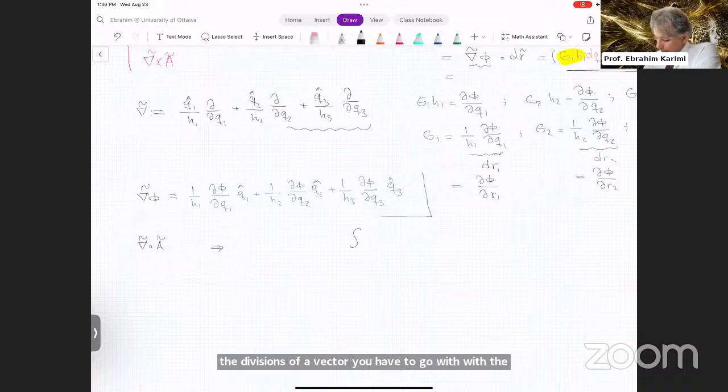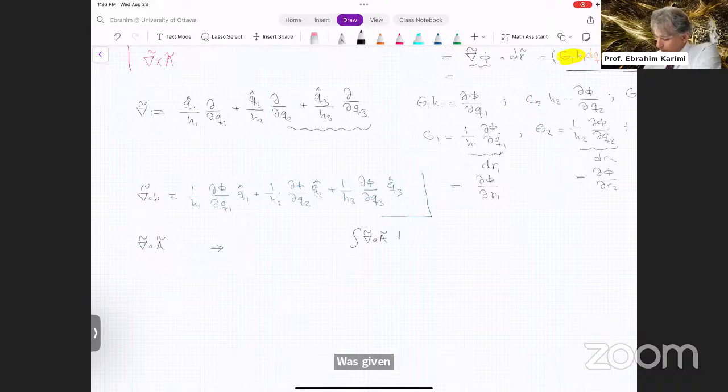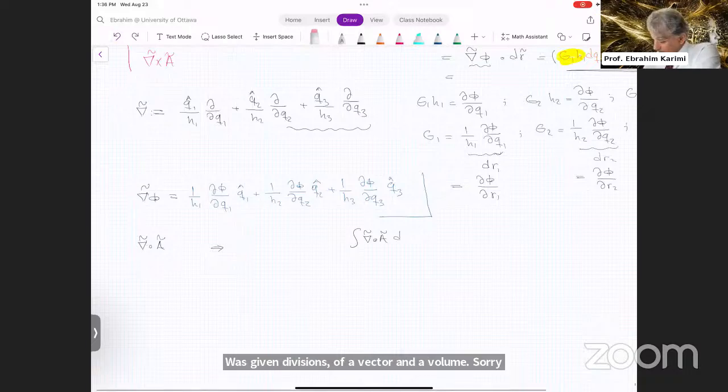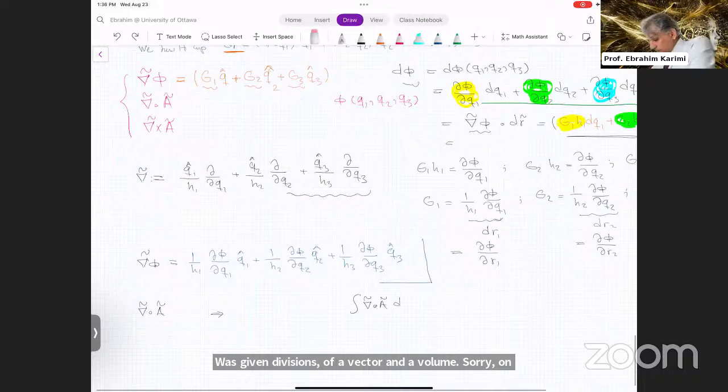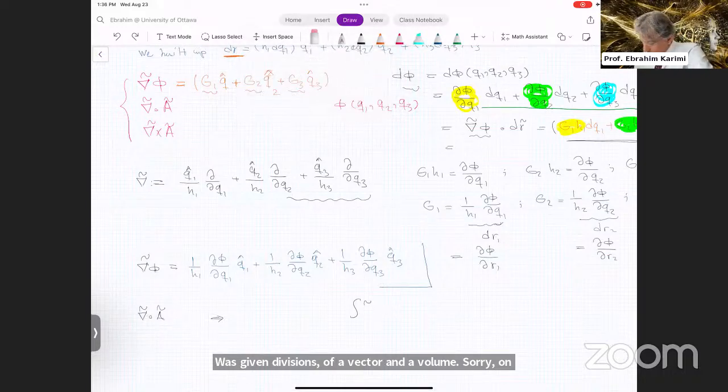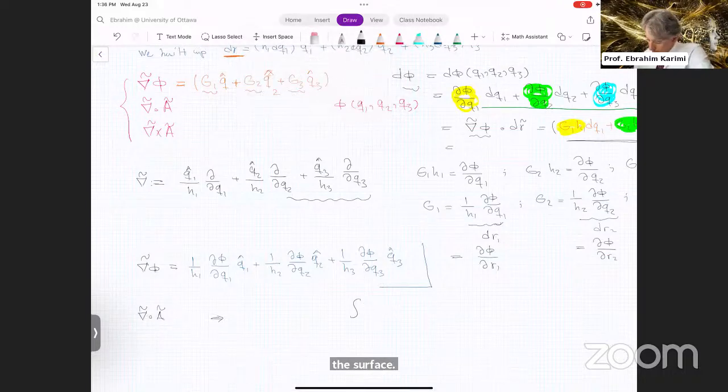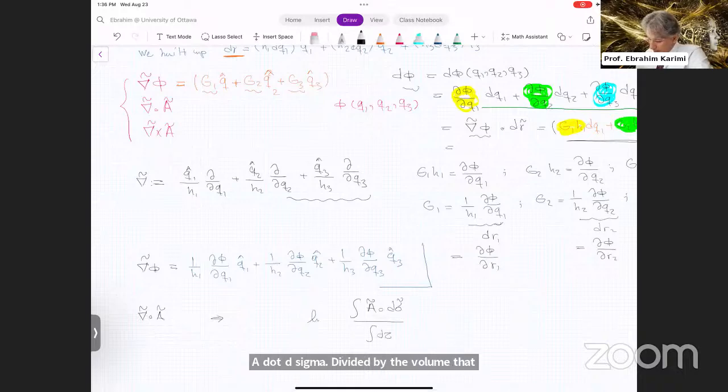So indeed, divergence of a vector on a volume, on a surface, was given by the integral of A dot d sigma divided by the volume, in the limit of the volume going to 0.